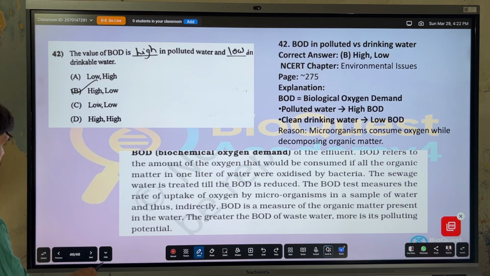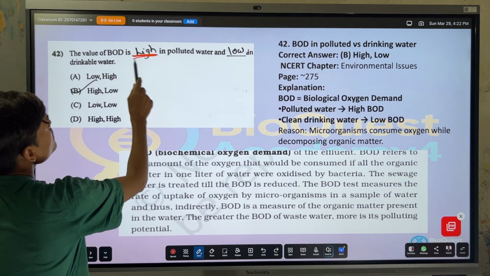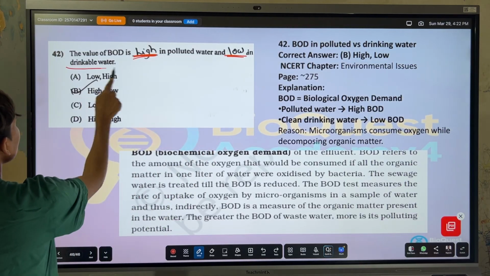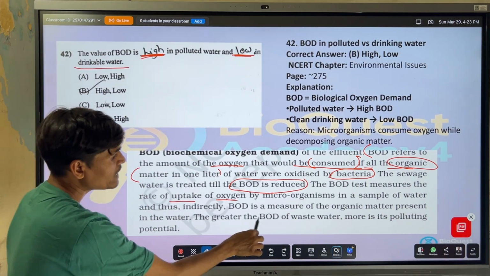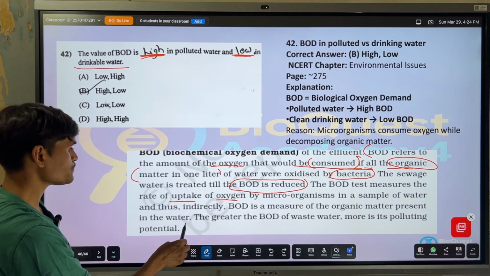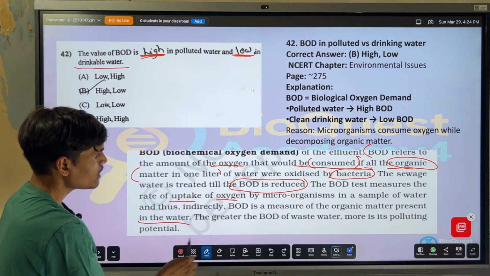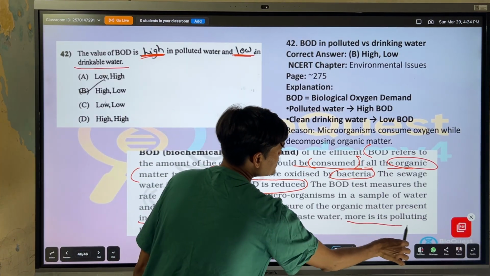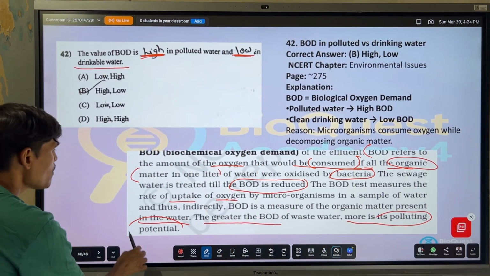Next question, 42. The value of BOD, fill in the blank, in polluted water and fill in the blank in drinkable water. Now BOD is the measure of organic matter present in the water. The greater the BOD of the wastewater, the more its polluting potential.